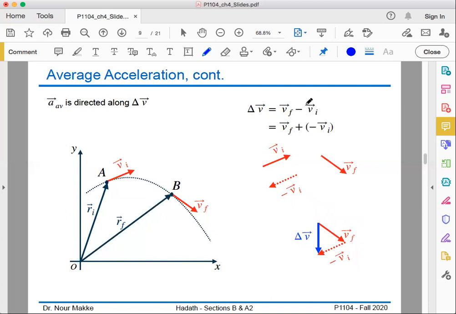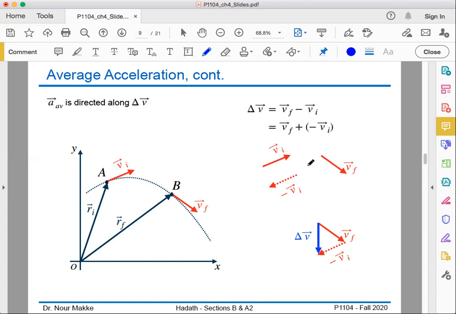We know how to make an addition of two vectors, so this is what we are going to do. This is our graph where we have V initial and V final. We take V initial and put it in here, conserving its direction, and this is the vector V final. Now, we can write delta V as V final plus the vector minus Vi.